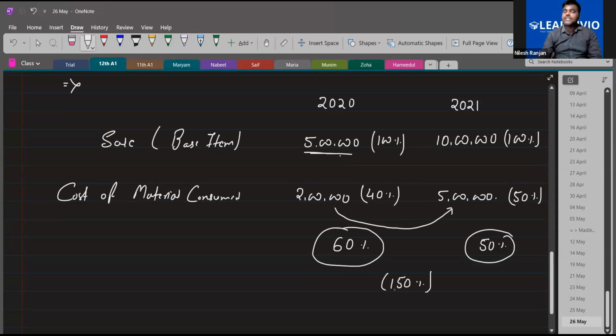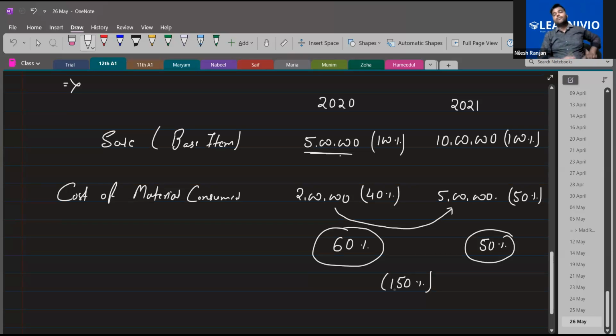So if your cost is increasing more than what we are expecting, then it is not good for the company. This is what the common size statement tells us. It is important because you compare all other information with sales. In comparison to sale, how much your cost is increasing or decreasing, it will tell you.